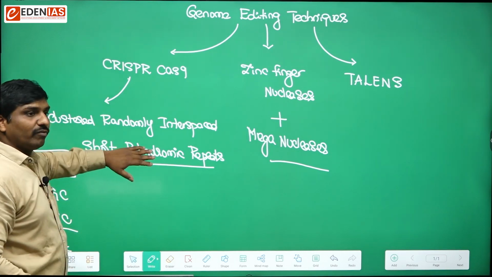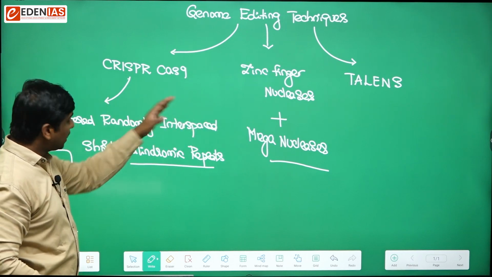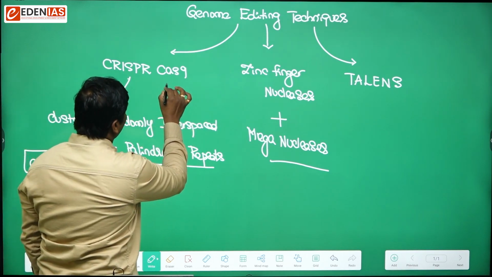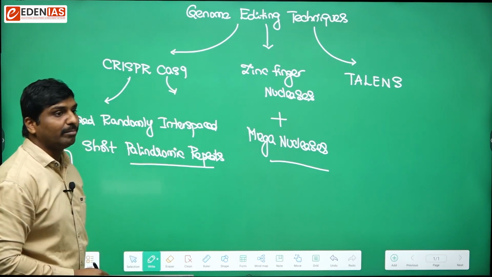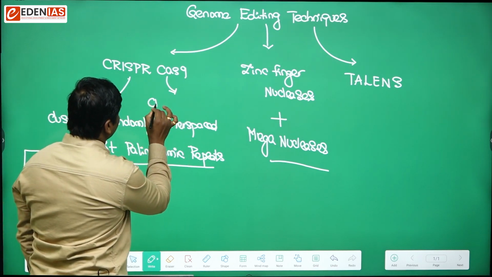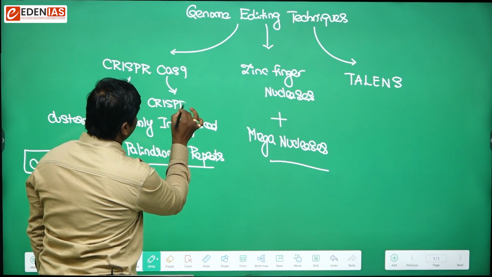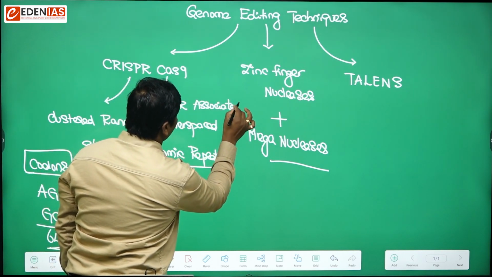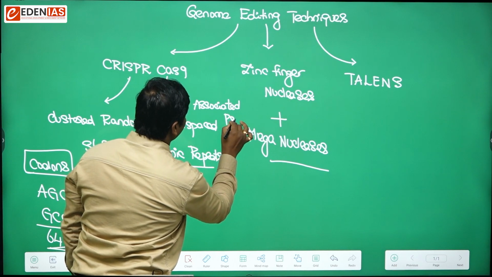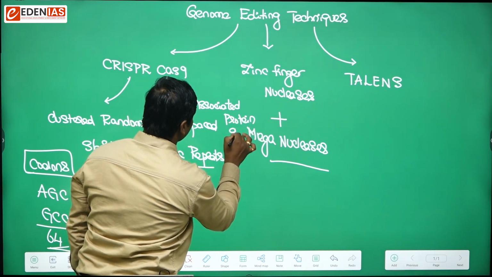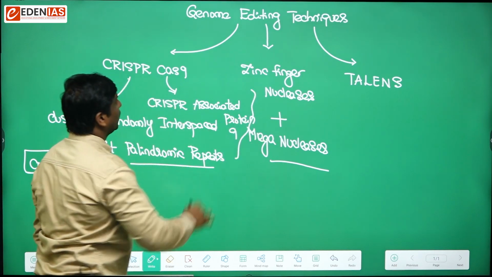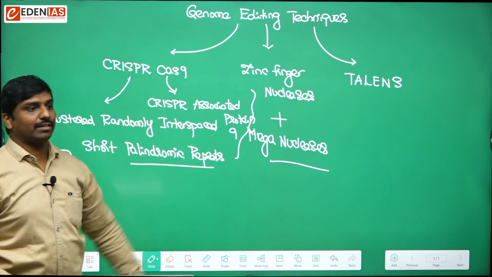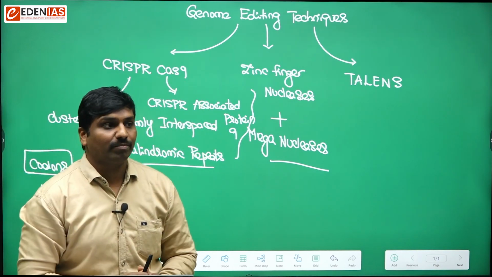CRISPR, this is the full form: clustered randomly interspaced short palindromic repeats. And what does Cas9 mean? CAS means CRISPR associated protein 9. That is the name of the protein.